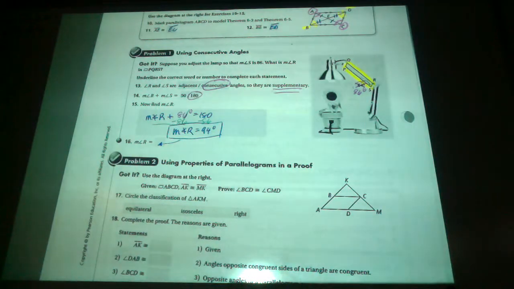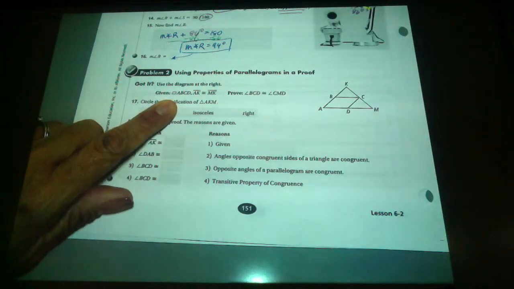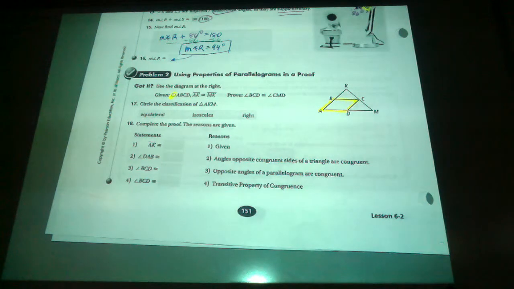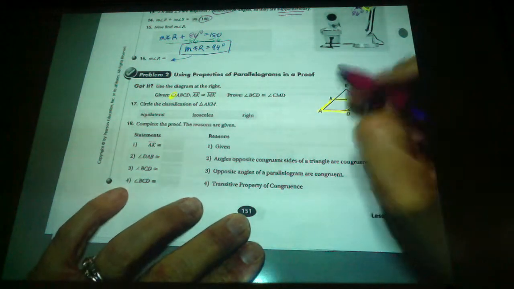Let's look at a proof, because you have at least two proofs on your homework tonight. So use the diagram to write, and they tell you some things about it. Given, and they're telling you that it's a parallelogram ABCD. That's the markings right there, parallelogram. So you know all of the theorems about a parallelogram. In addition, they tell you that segment AK is congruent to segment MK.